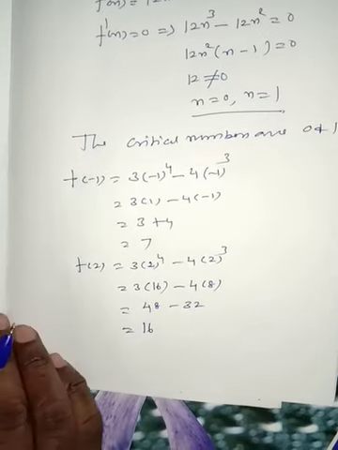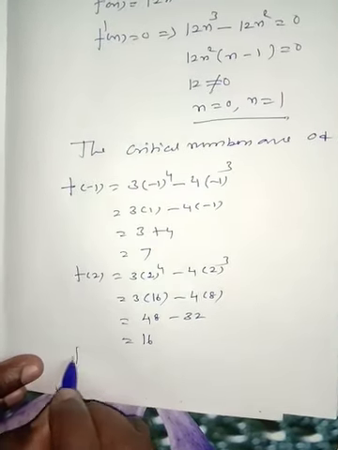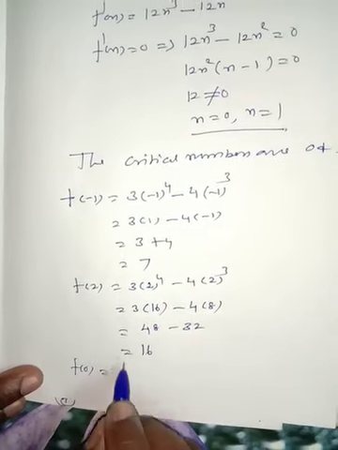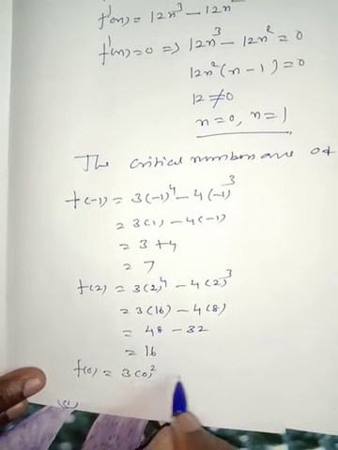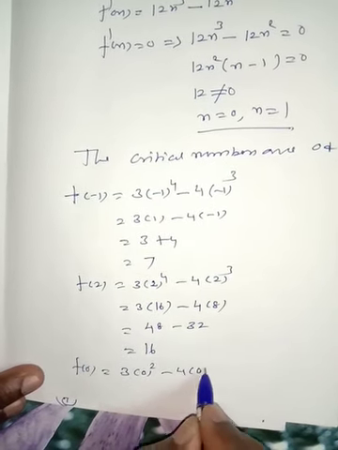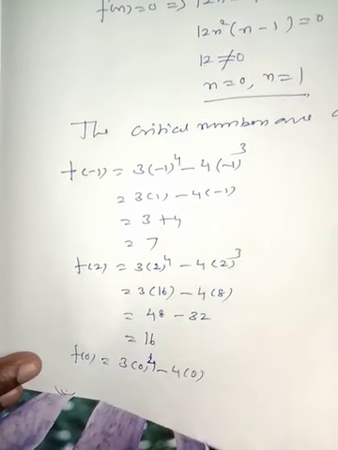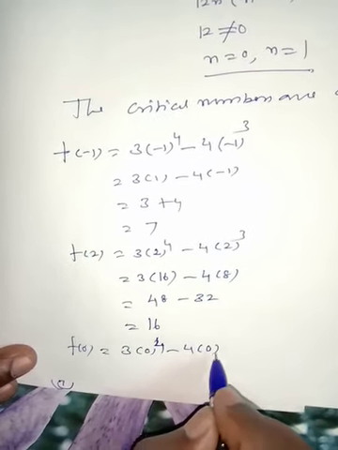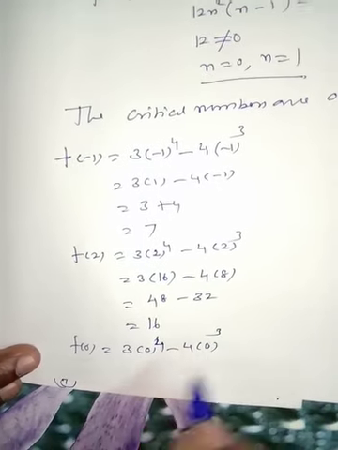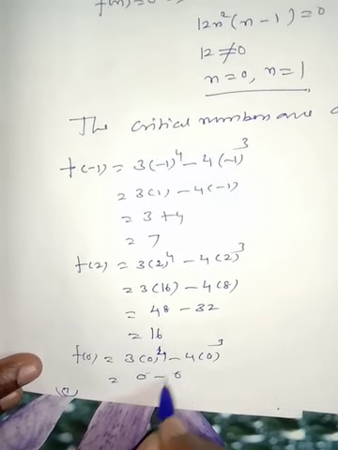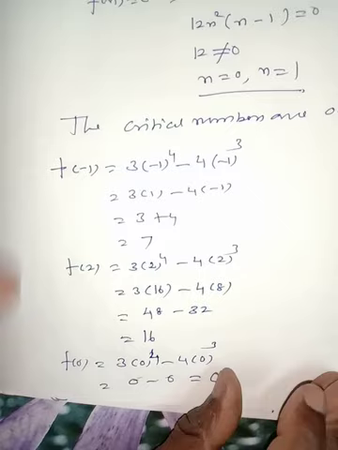Next, f of 0. f of 0 is equal to 3 into 0 power 4 minus 4 into 0 power 3, is equal to 0 minus 0, is equal to 0.